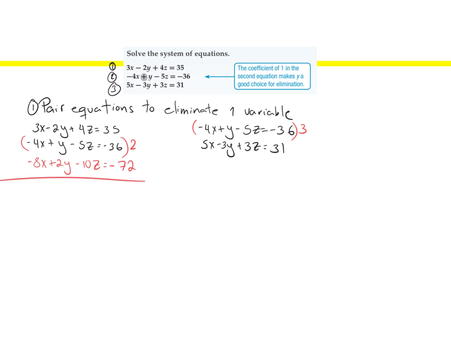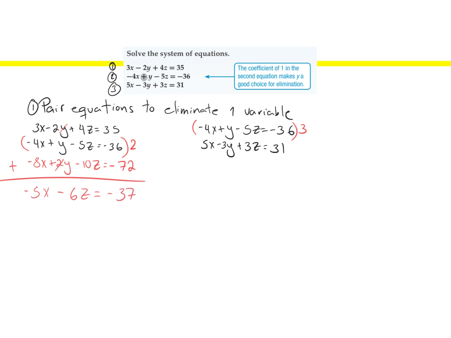And now I'm able to add them. So it's going to be negative 3 minus 8, which is negative 5x. The y's will cancel out. And then it's going to be negative 6z equals, and now we have negative 72 plus 35. It's going to give us negative 37.